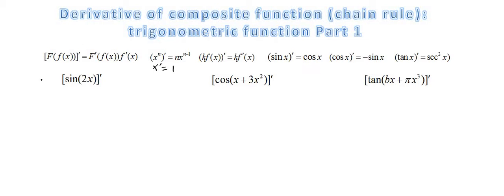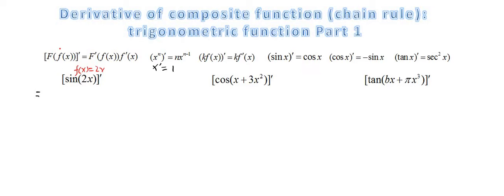The first example is very straightforward. Here, what is capital F? That is sine. What is little f x? That is 2x. So we follow this formula.